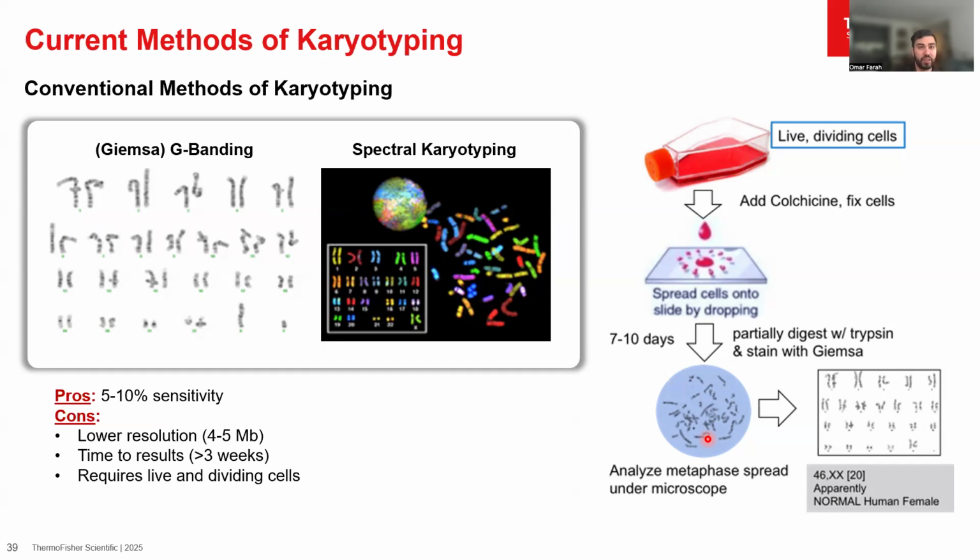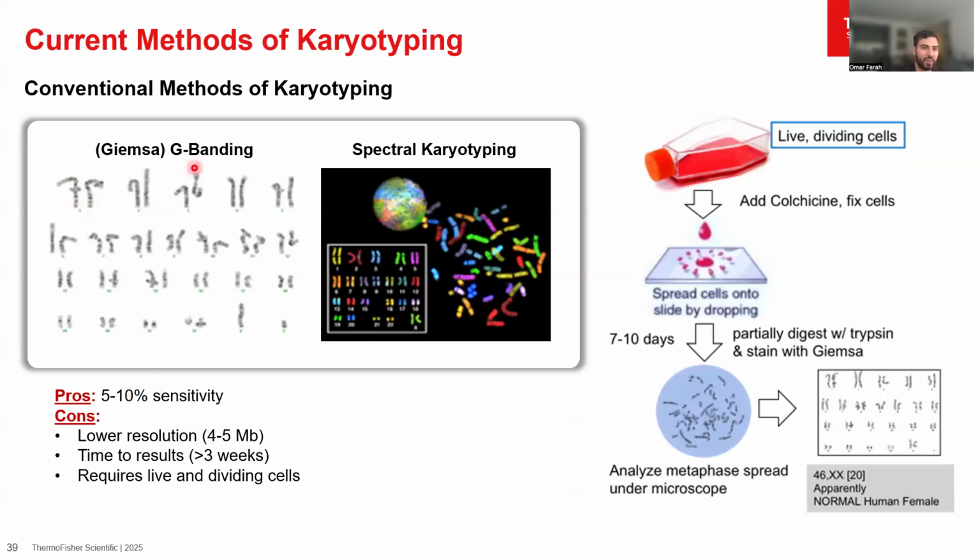This is typically done via traditional G banding methods, where you take live dividing cells, you fix them, and then you basically, in a drop, cause these cells to explode onto a slide, where then you can analyze the metaphase spread of the chromosomes under a microscope, and basically line up, making sure that after our staining, that all of the chromosome 1 is there, and there's two copies of it, right?